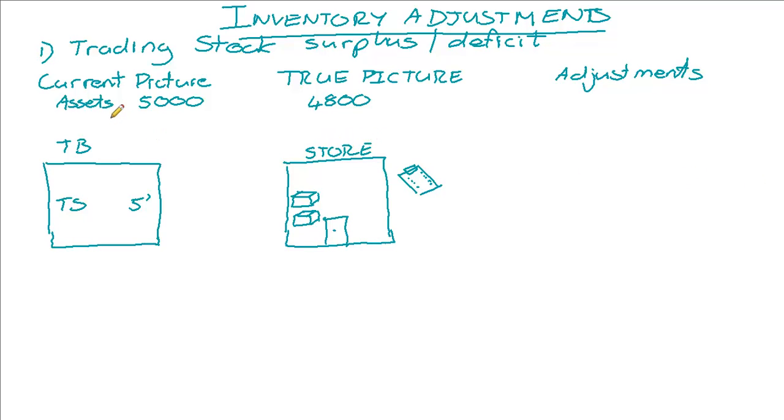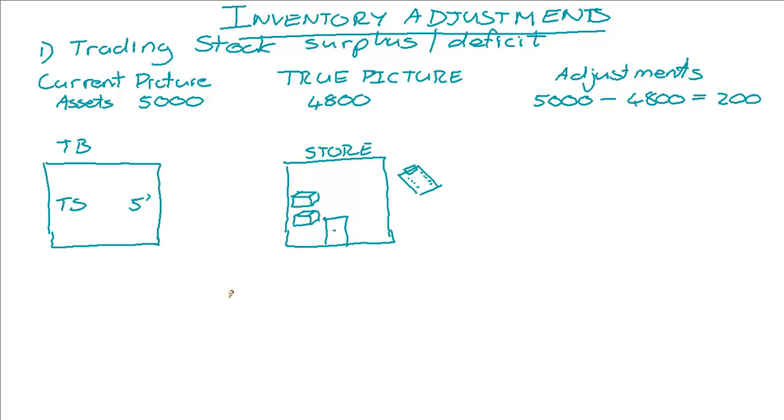So the current picture says assets of 5,000 Rand. When we actually do our stock count, the picture is 4,800. The adjustment is going to be the difference, which is 5,000 Rand minus 4,800, which is equal to 200.